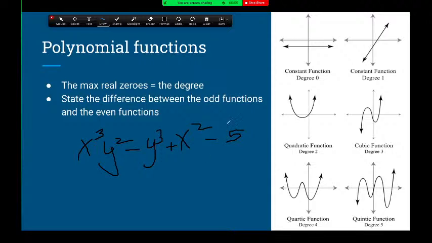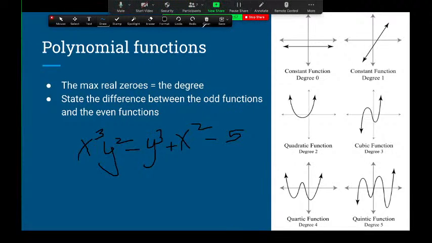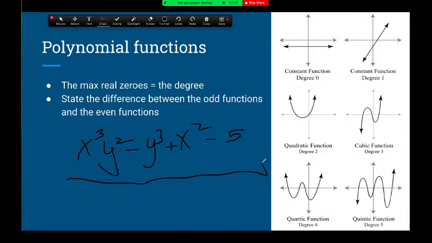Okay, so let's see. You can just shout it out. What's the degree of this polynomial?